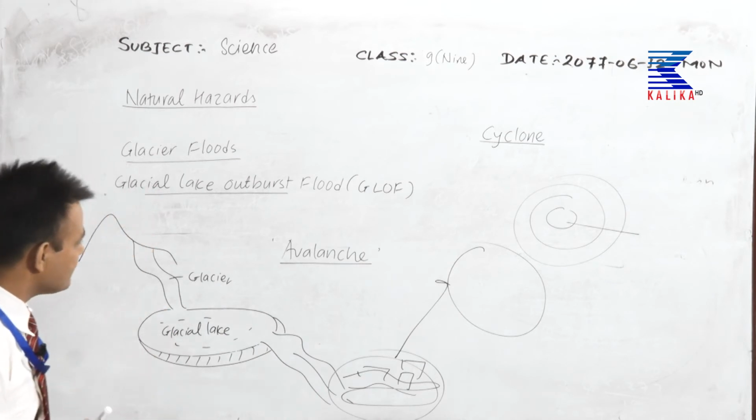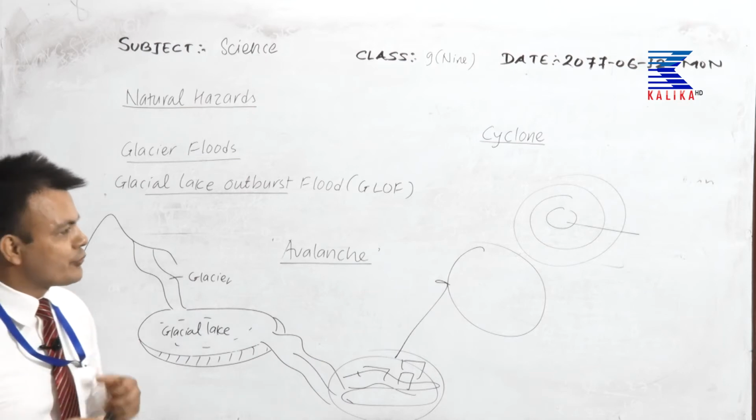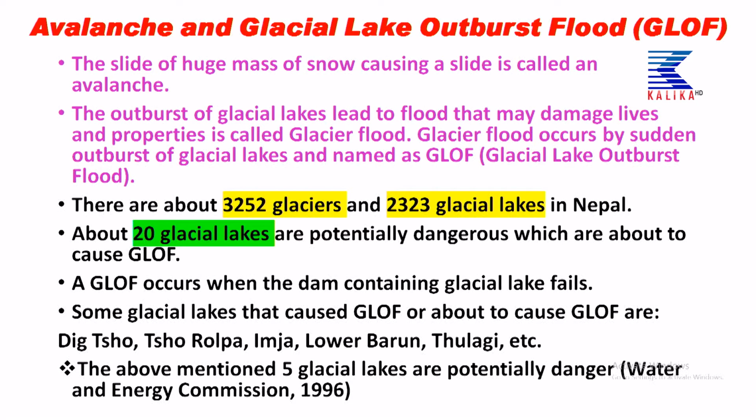Okay, have a look on the screen. A huge mass of snow causing a slide is called an avalanche, hiu pahiro in the Nepali language. The outburst of glacial lakes leads to a flood that may damage lives and properties, called a glacier flood.